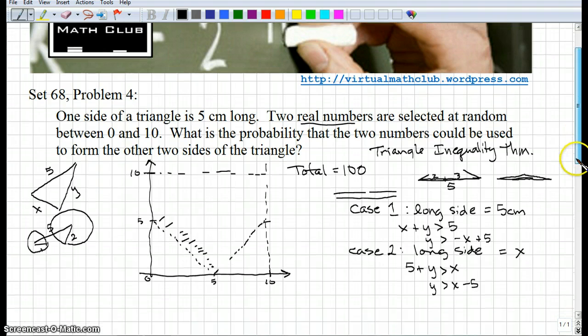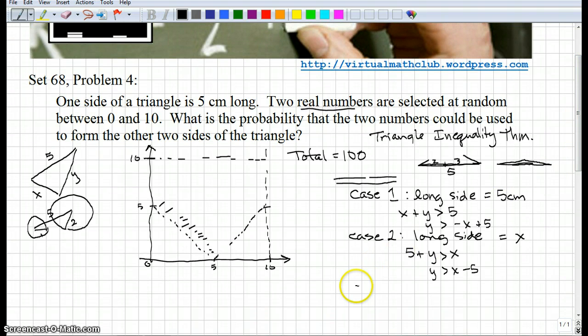All right, so there's one more side. So let's take case 3 to be the case where the long side is y. In this case, x plus 5 has to be greater than y. And we're kind of already in point slope form.